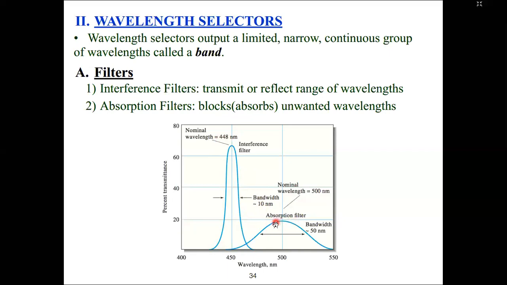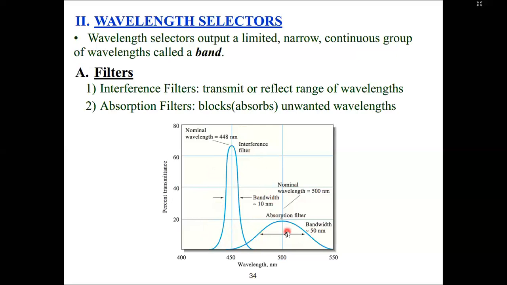Absorption filter, however, if you want 500 nanometer, then you can see the bandwidth is 50 nanometer. At half the height of the curve, the width of the curve is larger than the interference filter.